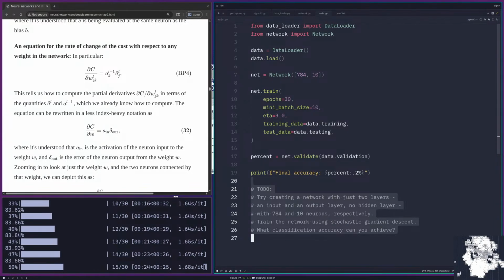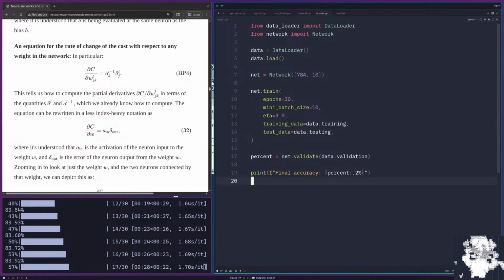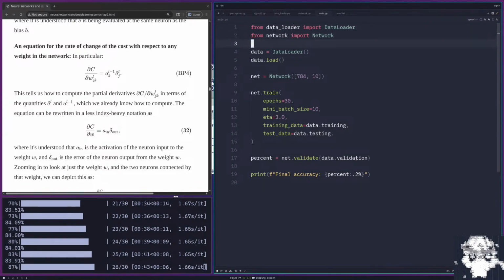It's not as good, but it's not as horrible as you might expect. That's the answer. 83%, and it's still going up, so maybe you could get all the way to 90%, whereas the one with the hidden layers basically starts at 90% and then keeps getting better.